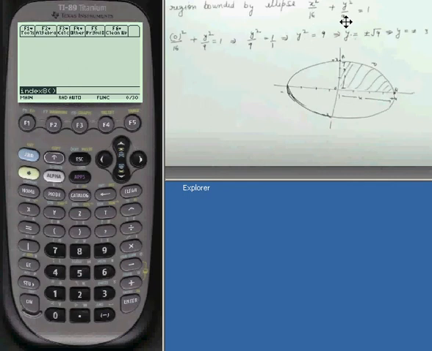If the largest number in the denominator is under the x value, it's a horizontally oriented ellipse. If the largest number in the denominator is under the y, it's a vertically oriented ellipse.